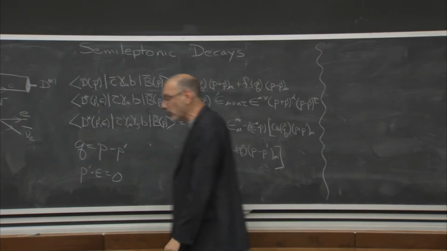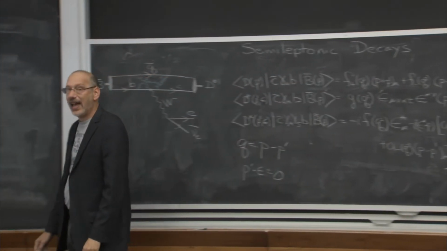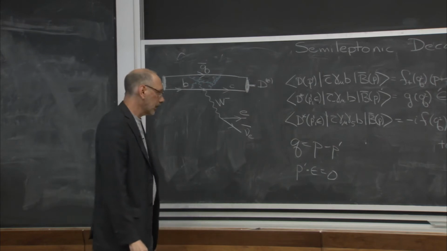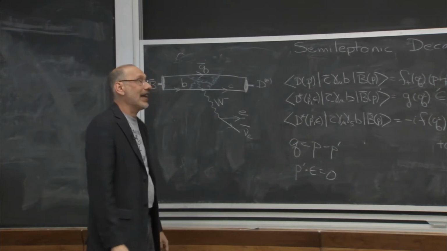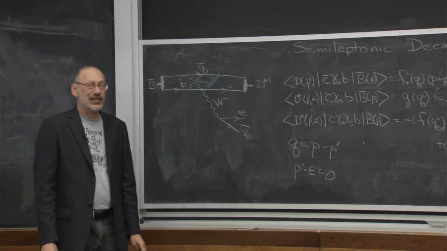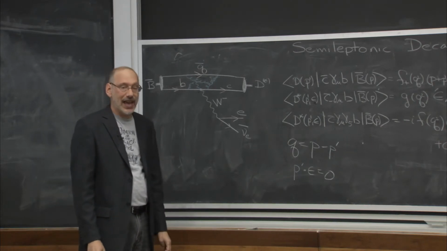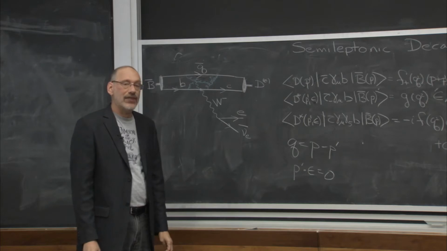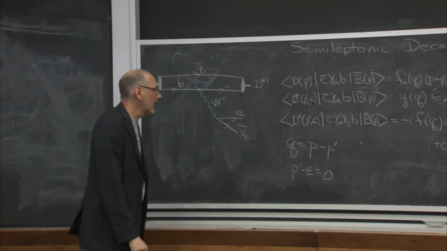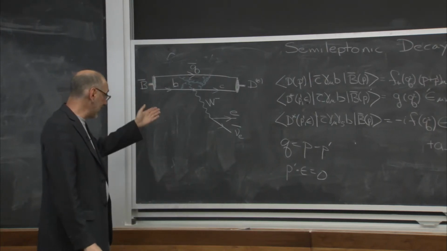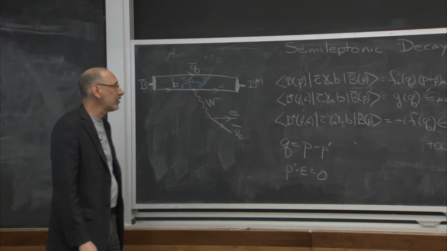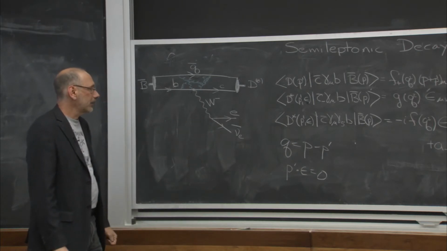Of course, you can measure them from the data, and they have been measured. But I'm not going to talk about the data in this lecture. This lecture is really about the theory of these decays, and in particular, what heavy quark symmetry can tell us about these decays, and that amounts to what it can tell us about the form factors.